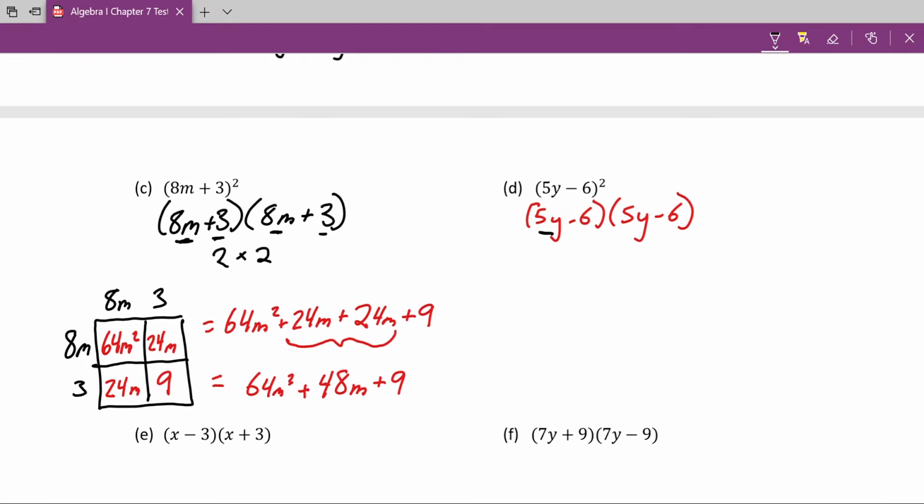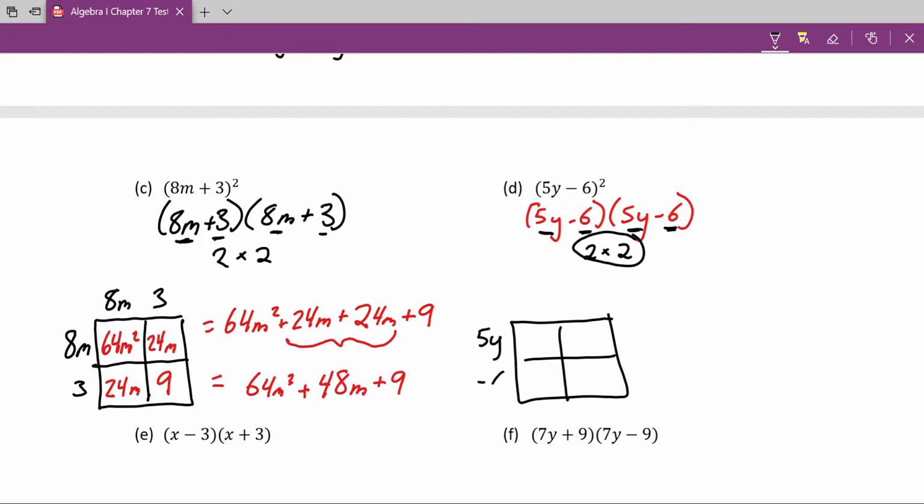So 5y minus 6 has 2 terms, and 5y minus 6 has 2 terms. So this box is going to be a 2 by 2. And we're going to put the first binomial on the left and the second binomial on the top. All right. And again, we're really just practicing this multiplying.